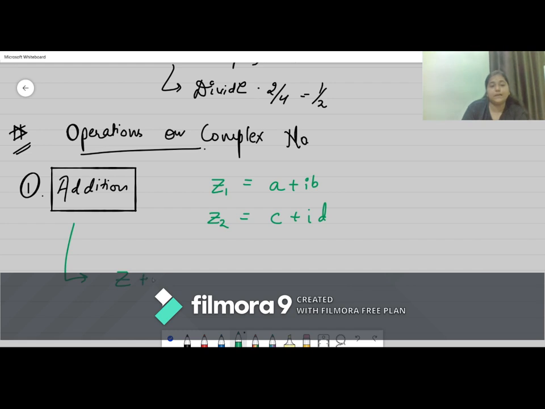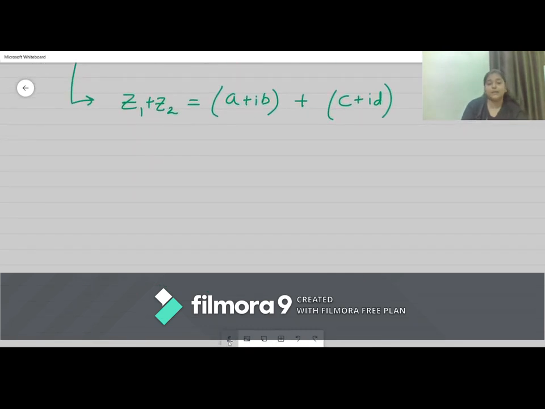So Z1 plus Z2 is equal to A plus IB plus C plus ID. जो हमारे पास given complex numbers हैं उसमें भी दो parts हैं, you might not be able to see, this is the real part of it and this is the imaginary part of it. Similarly Z2 जो complex number है इसका ये real part है और ये imaginary part है.